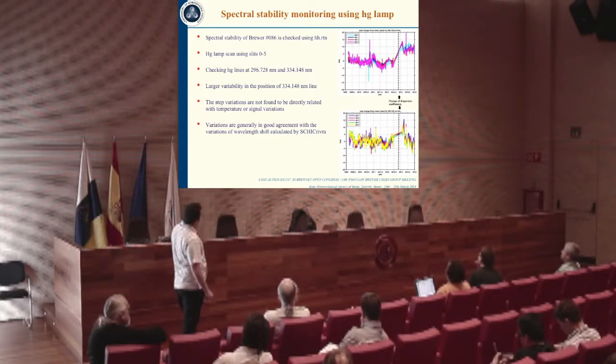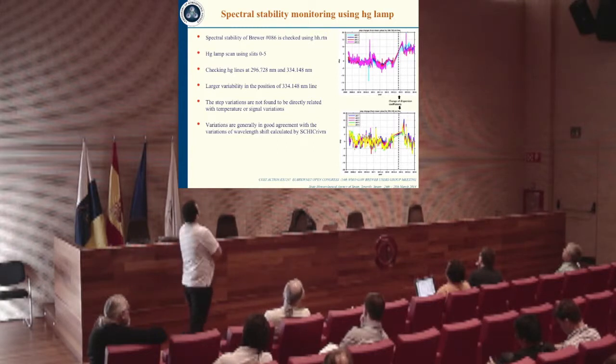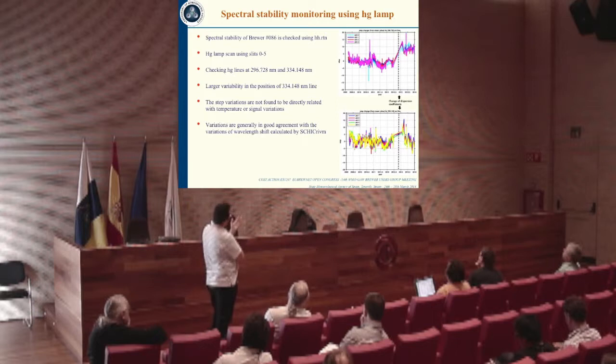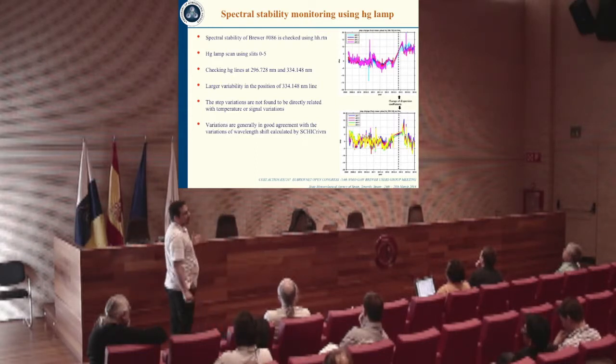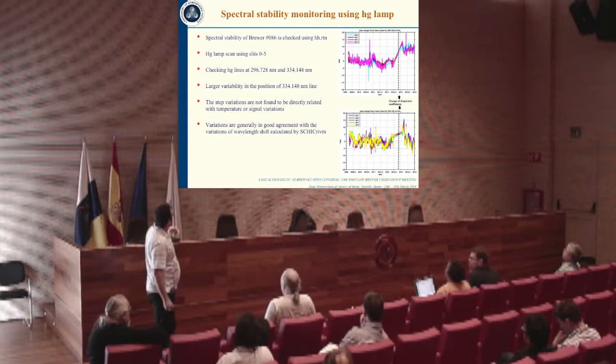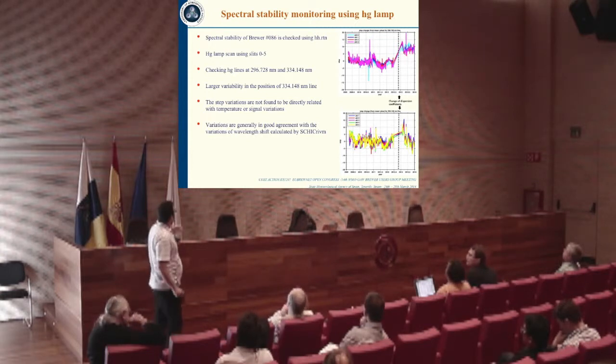This slide is about the spectral stability monitoring. At Thessaloniki, during the last 6 years, to monitor the spectral stability of the instrument, we perform a scan of the internal mercury lamp at slits 0 to 5.